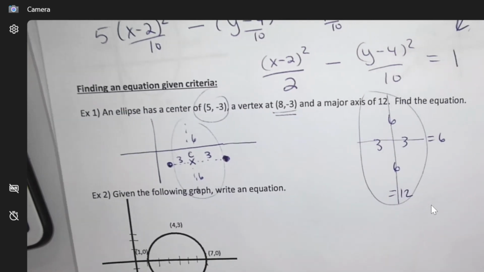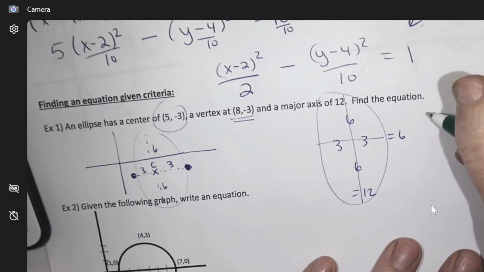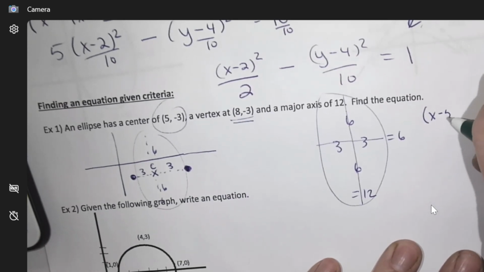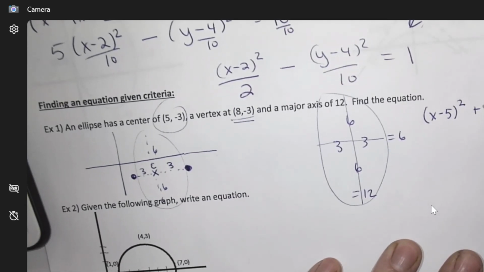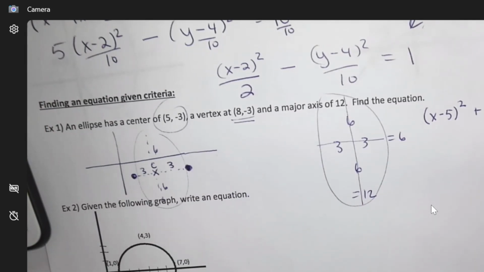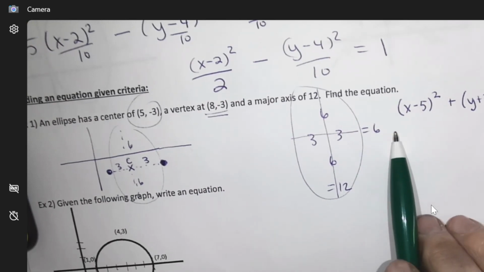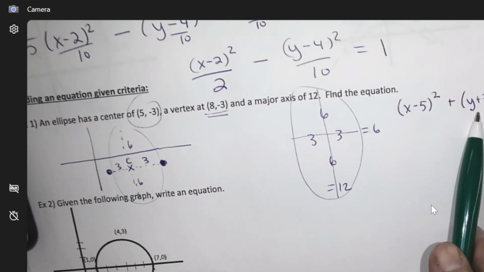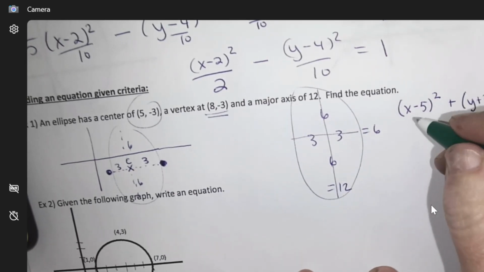So get the equation. So here we go. An ellipse. So you have your formula sheet that I gave you. Okay, so here's how I did my center. X minus 5 squared plus y plus 3 squared.